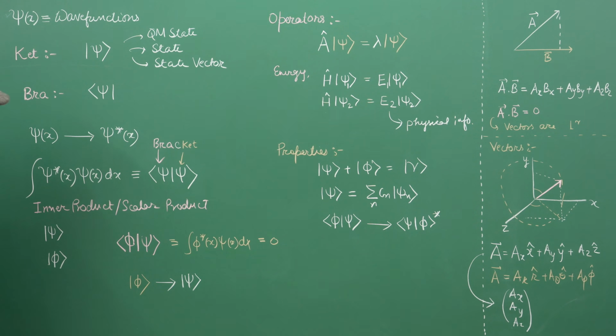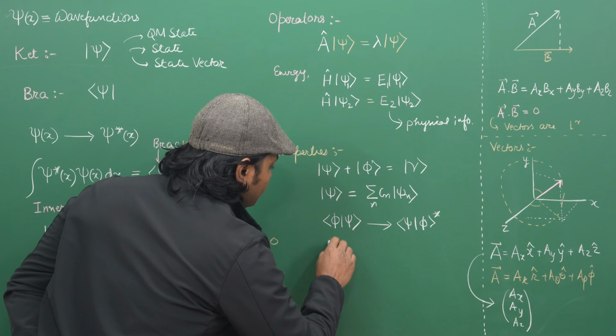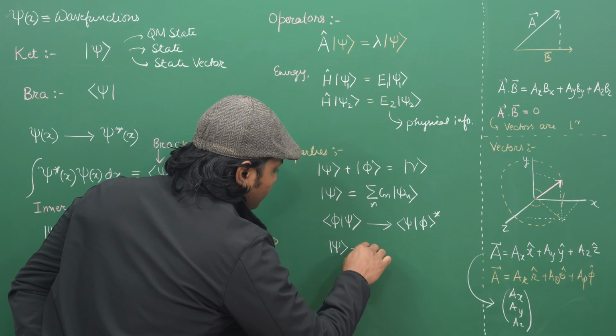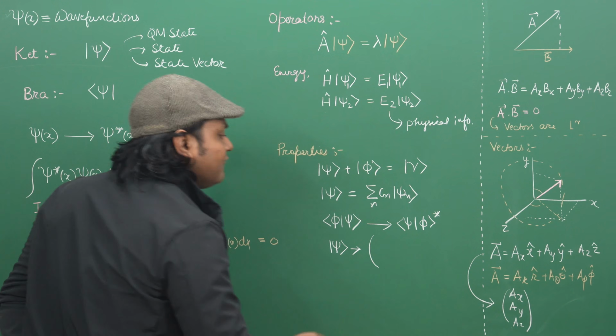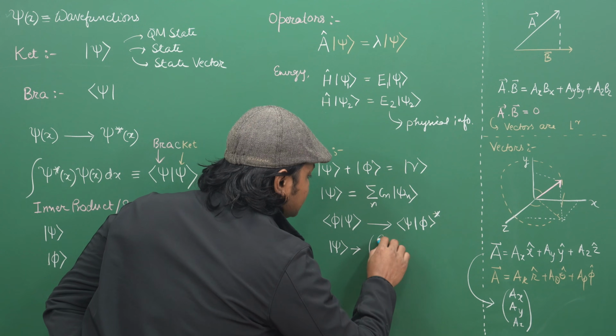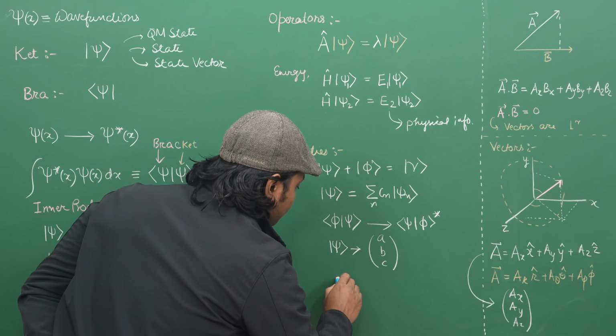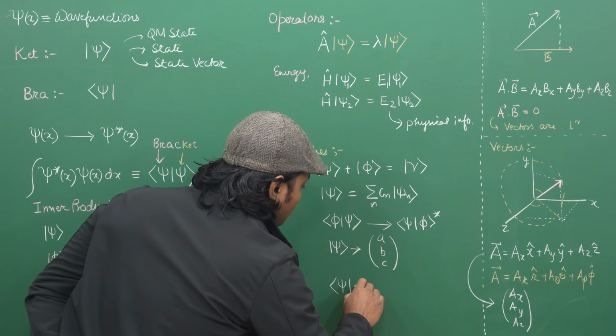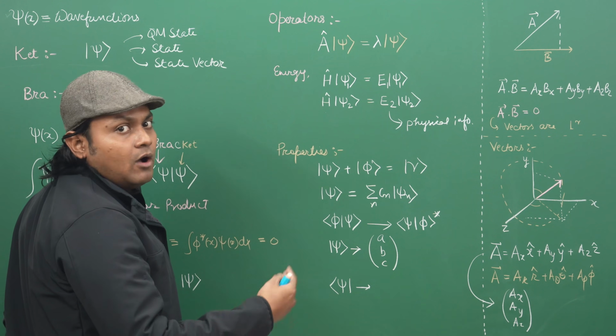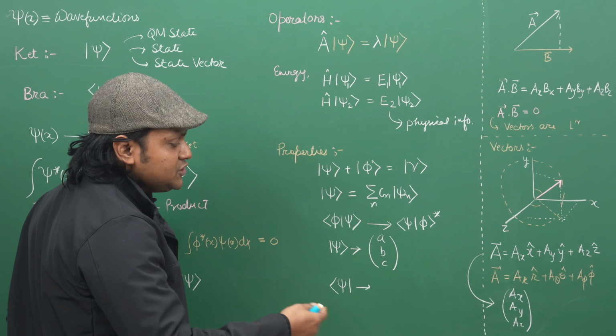One very important representation of the Ket is in matrix representation, when we represent the Kets using matrices, especially in a discrete basis. If I have a psi Ket, then it could have a column matrix representation, let's suppose A, B, C. On the other hand, the bra of psi would simply be not just the complex conjugate, but what we call the Hermitian adjoint.